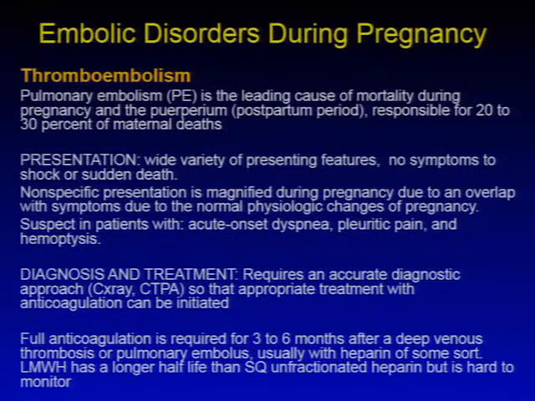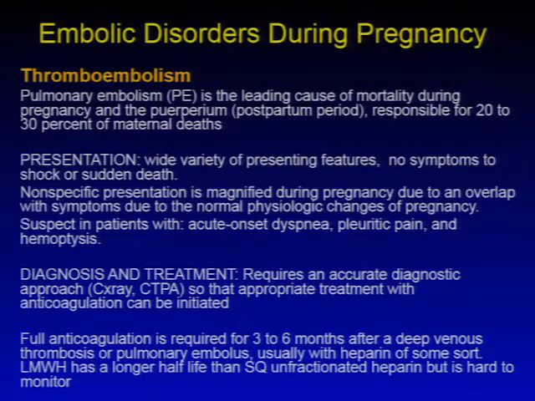More commonly, though, women will be admitted for another type of embolic disorder during pregnancy to a critical care medicine unit, and that is thromboembolism. Pulmonary embolism is the leading cause of mortality during pregnancy and in the postpartum period and is responsible for 20 to 30% of maternal deaths.